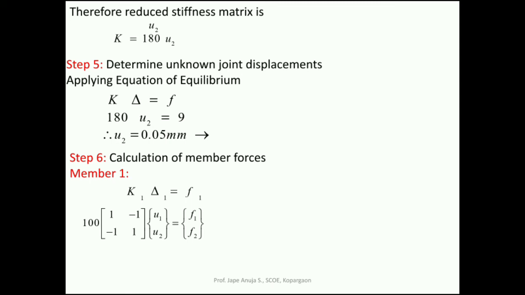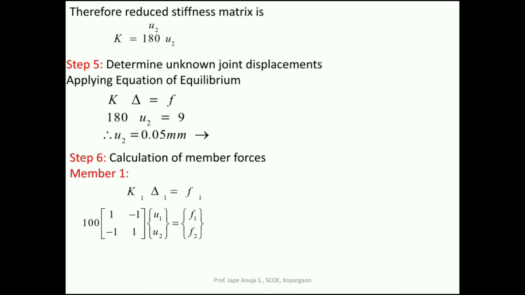Delta 1, that is the displacement. Now here it is only related to member 1, associated with only two nodes 1 and 2. So there will be only two unknown displacements U1 and U2 equal to F1. In this F1 vector, there will be again two forces, at node number 1 F1 and at node number 2 F2 force.